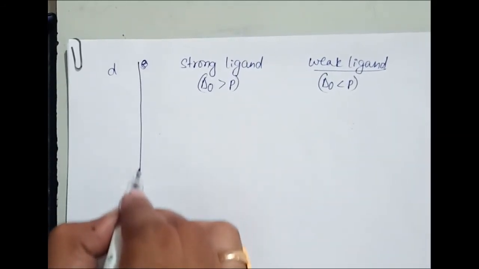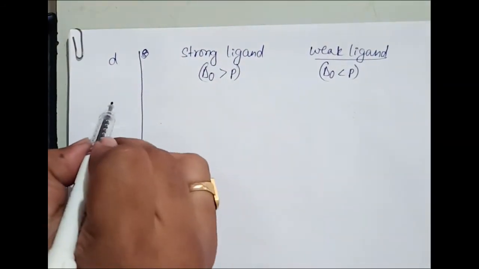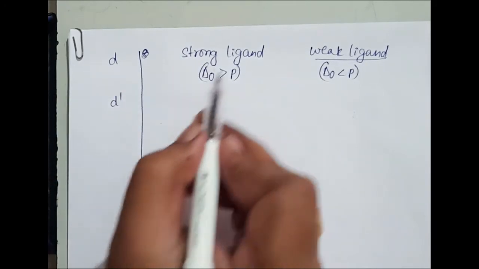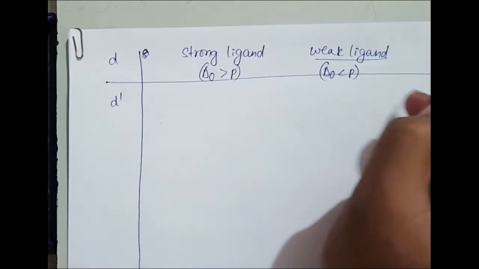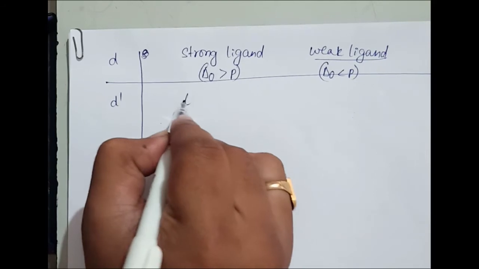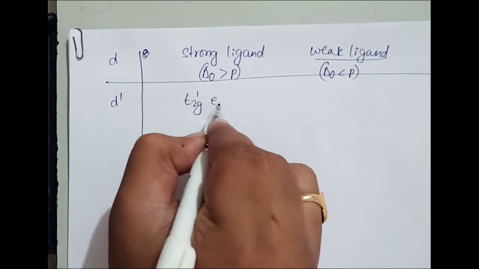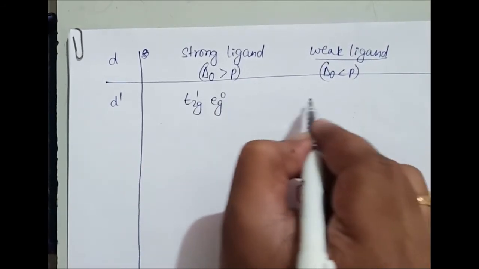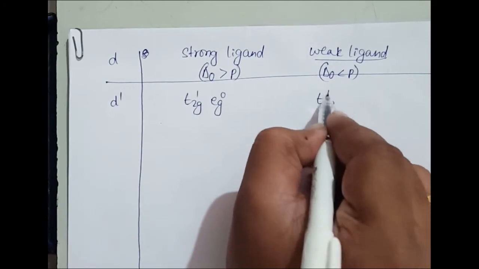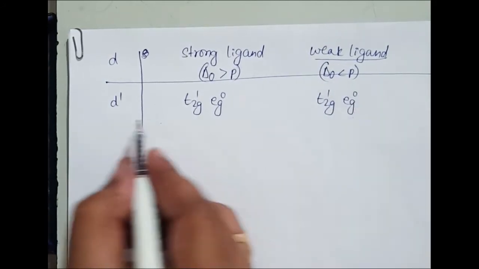So we can make a table. For d1, suppose you have only one electron, where will it go? It will go to the t2g orbital, so t2g1 eg0. Same, whether it is a strong ligand or weak ligand makes no difference. I hope you are getting my point.